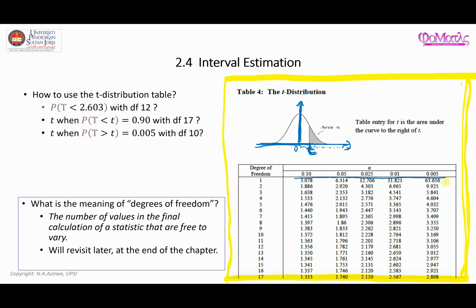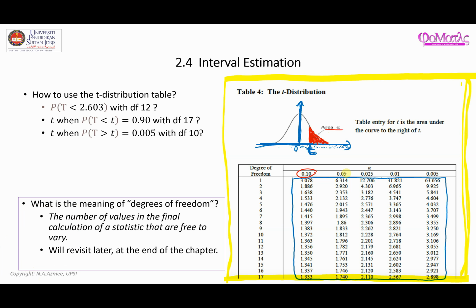Now the T values are given inside the table. You can see that the values here are all positive because they correspond to the values from 0 to the right. Now the area, which is also the probability, is given by this shaded region, also labeled as alpha.